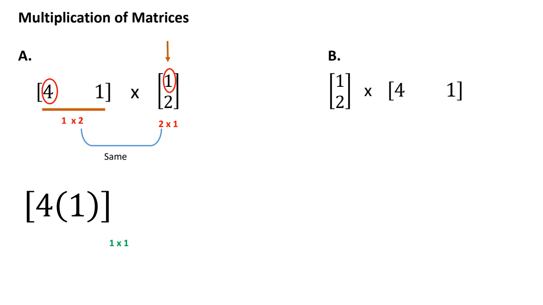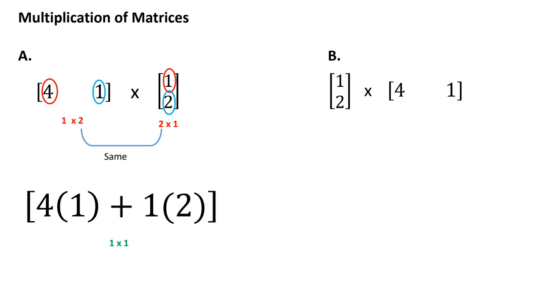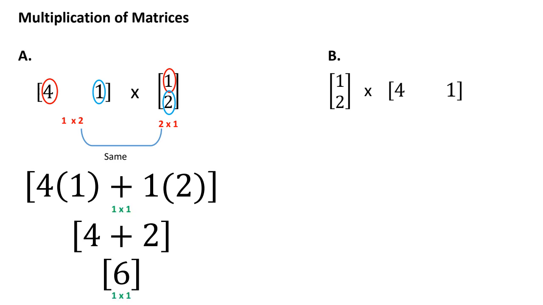So I would do 4 times 1 plus 1 times 2, which gives me that 1 by 1. 4 times 1 is 4, plus 1 times 2 is 2. So 4 plus 2 is 6. So my answer is just 6. Again, we'll do some more examples on the multiplication.